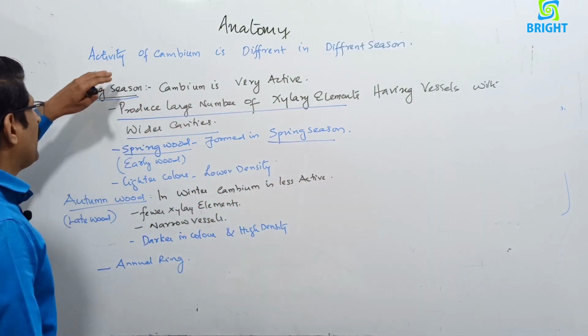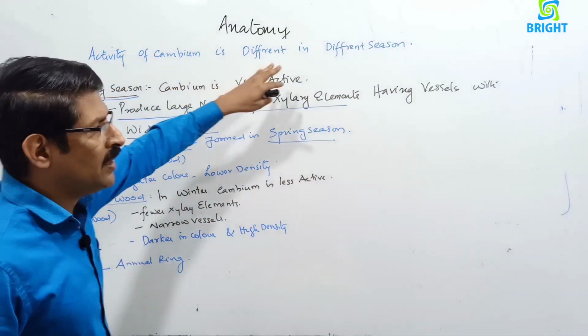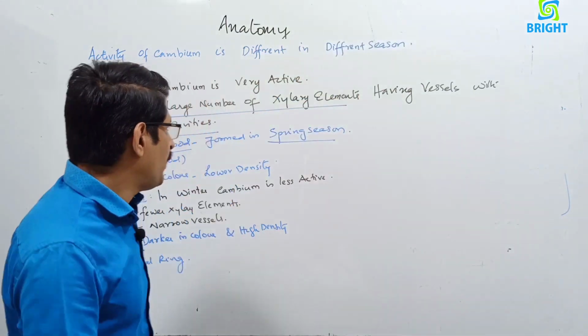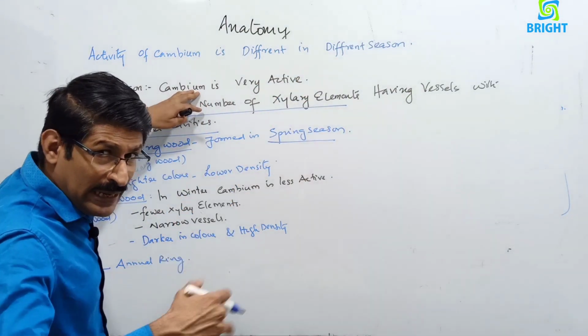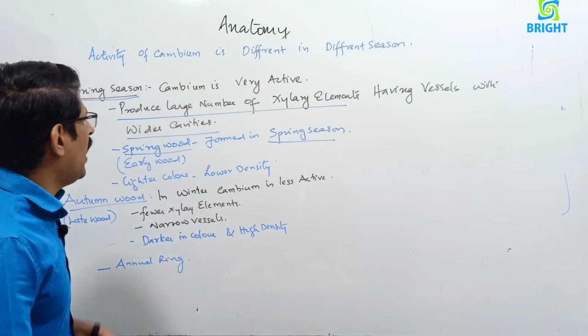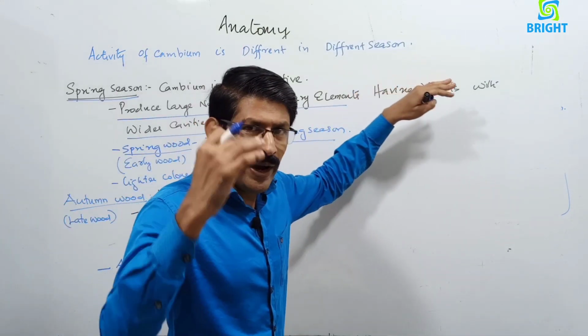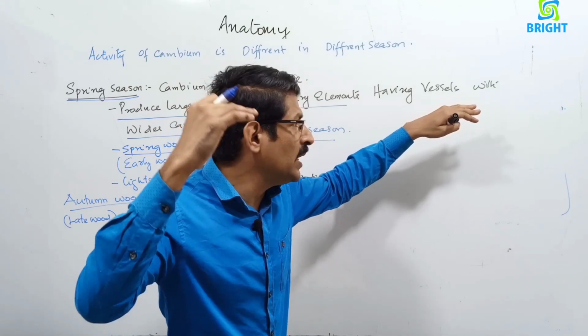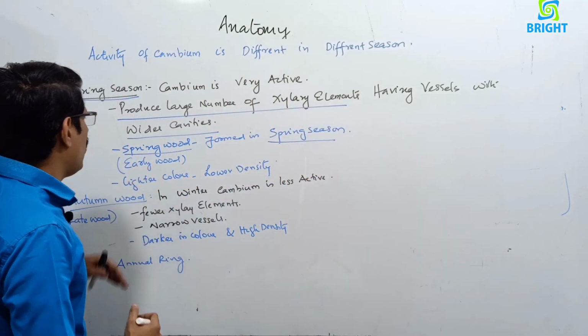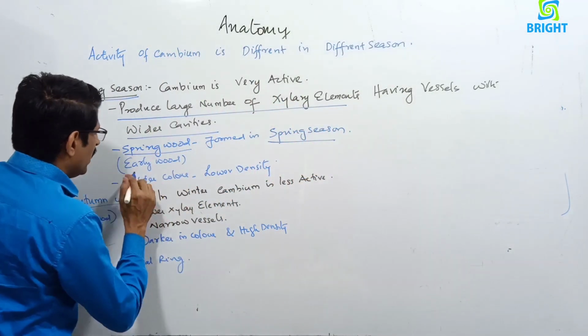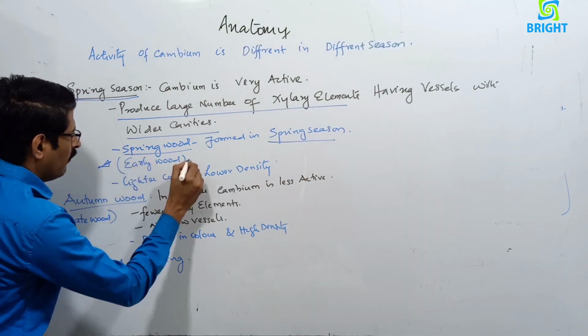We know that the activity of cambium is different in different seasons. In the spring season, the cambium is very active, actively dividing and produces a large number of xylem elements with wider cavitied vessels, and this is called spring wood, or the early wood.